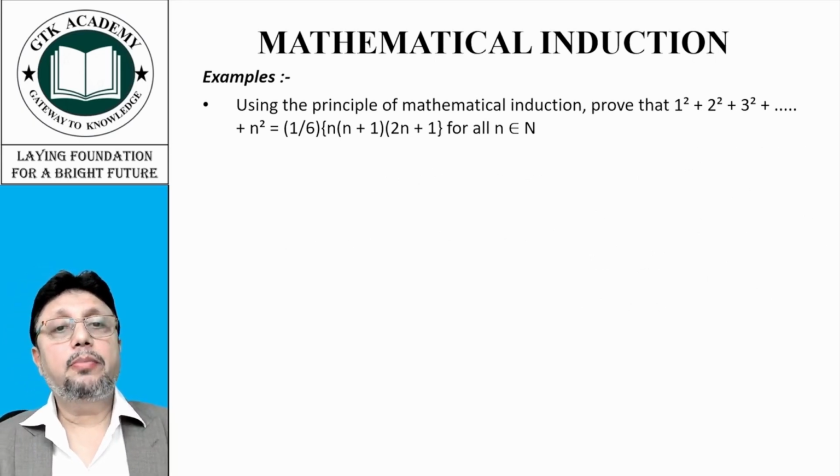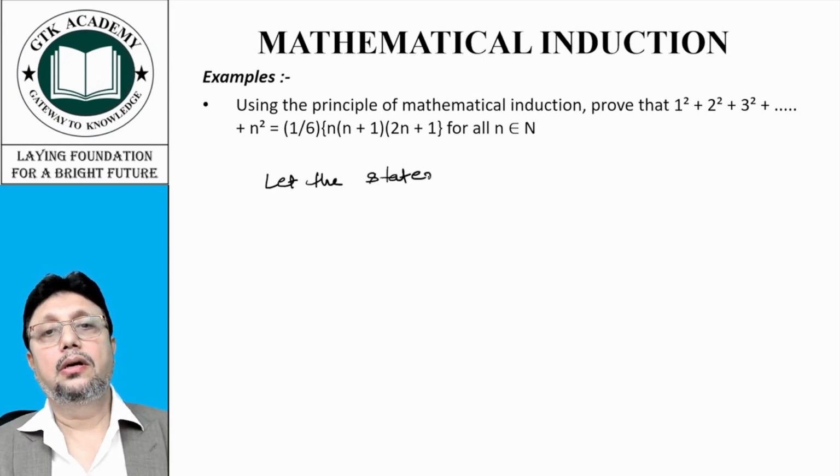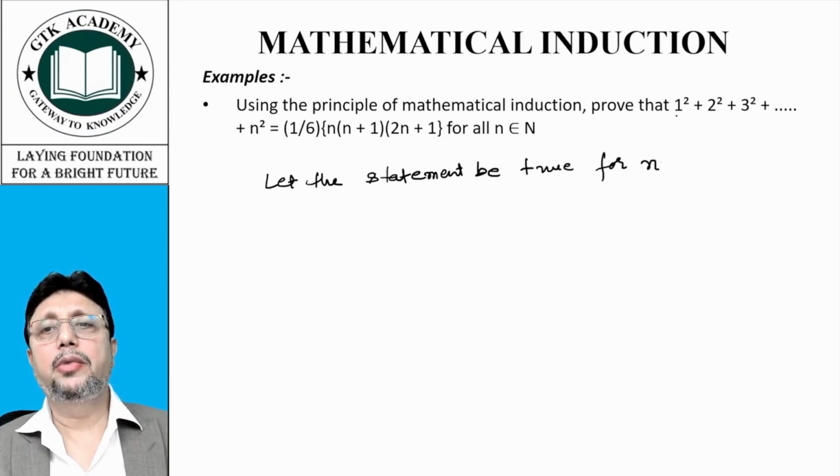Now comes the second step, and in second step we have first inductive hypothesis. That means let the statement be true for n. Here the statement means this expression. Please don't get confused.